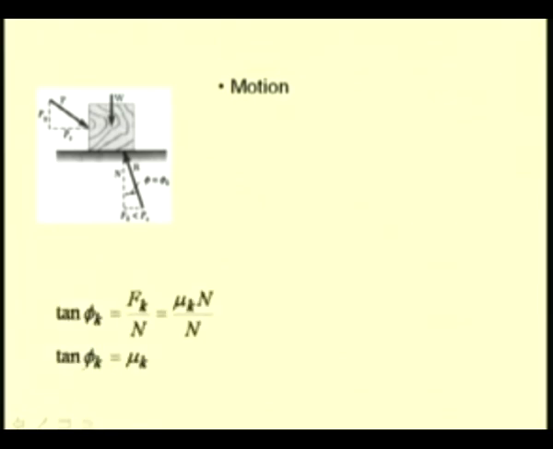So, this angle phi k is related to the coefficient of friction mu k by considering these force relations.